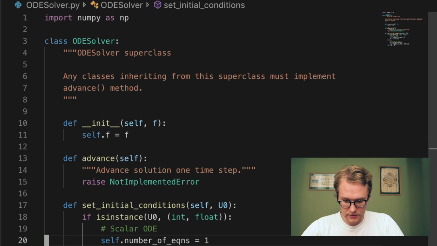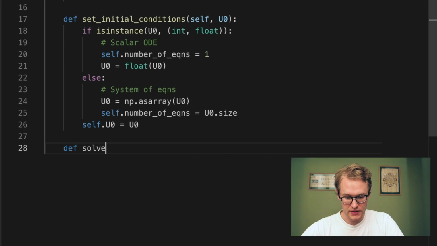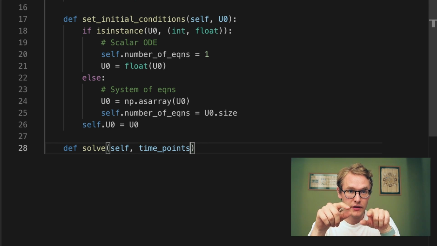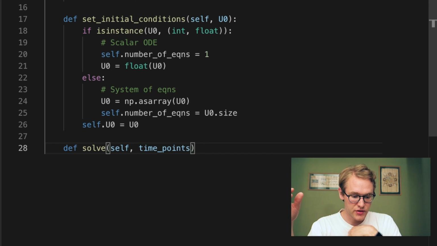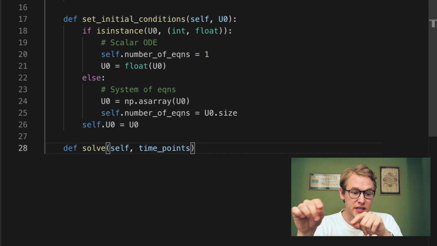And we go all the way down here, and then we'll need to implement the solve method. So what this is going to take as argument is some time points, because we will solve every equation for a bunch of time points, and this will also decide what precision we'll be using.